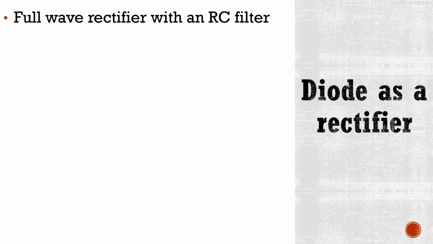Now we will find peak to peak ripple voltage for a full wave rectifier with an RC filter. We know that the output waveform of a full wave rectifier with an RC filter looks like this, where this point is Vp and this is ripple voltage.